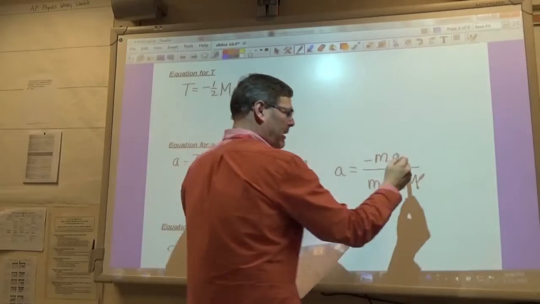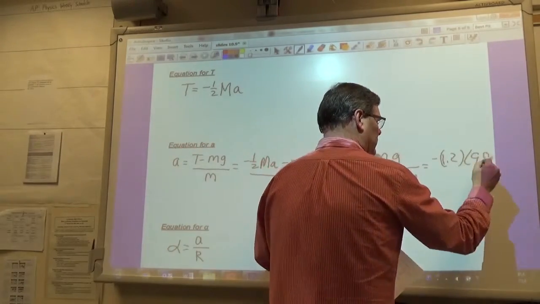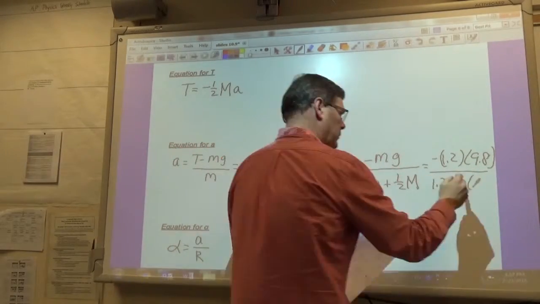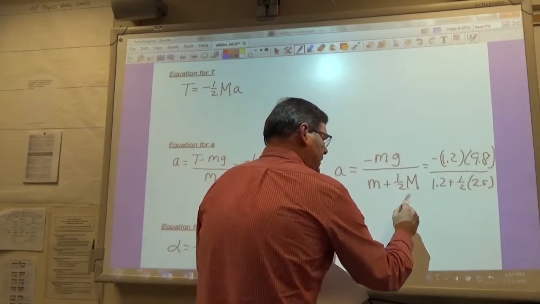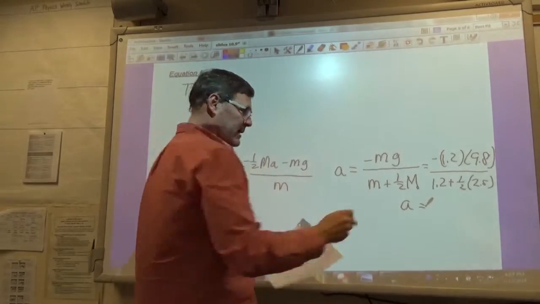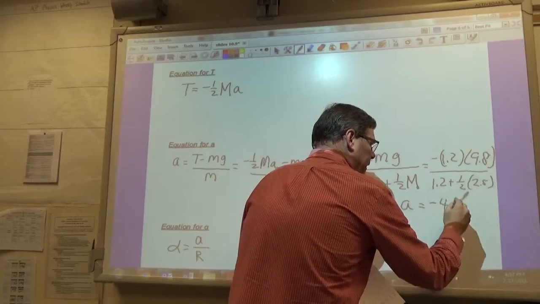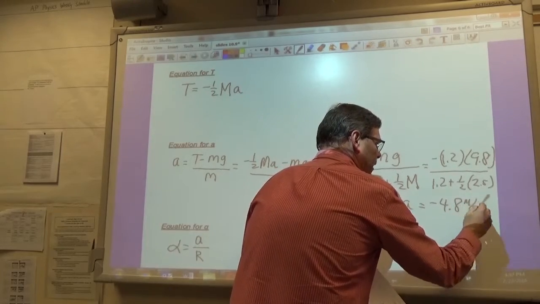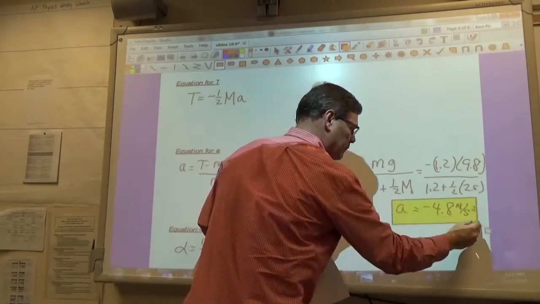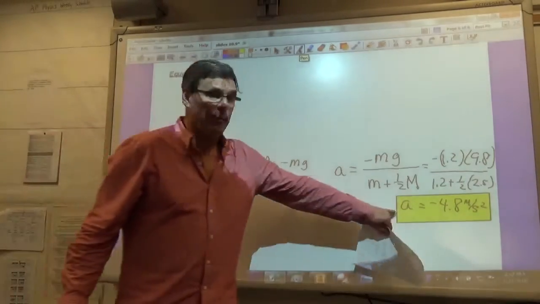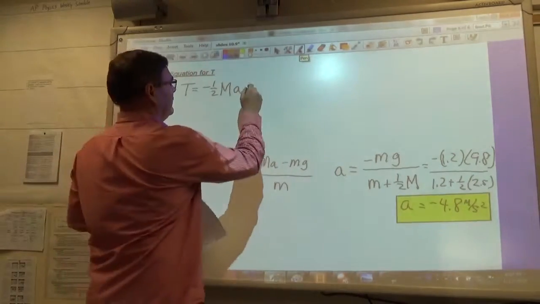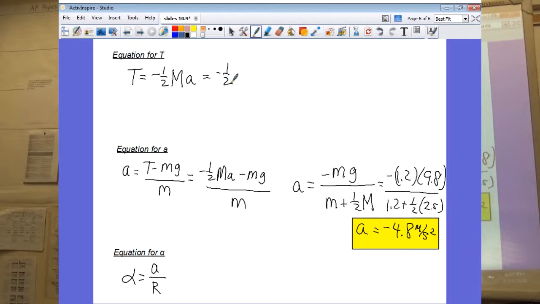And then I can plug in my numbers. And that gives me an answer of A equals negative 4.8 meters per second squared. Now that I know what A is, I can go up here and I see that T then is equal to 6 newtons.